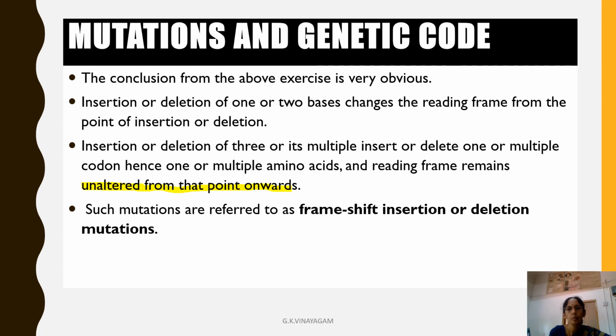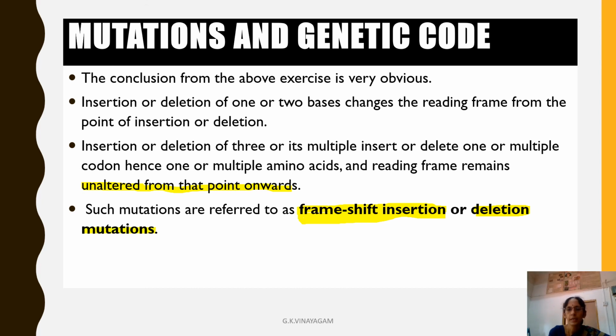Such a mutation we call which type of mutation? Frame shift insertion. You have added three bases and you are getting a meaningful one, that is called frame shift insertion. If you delete three bases, that is called frame shift deletion mutation.